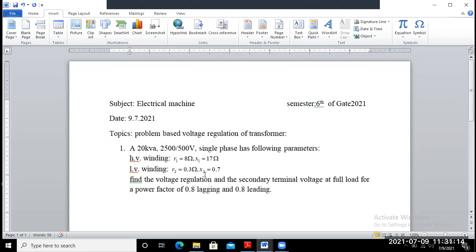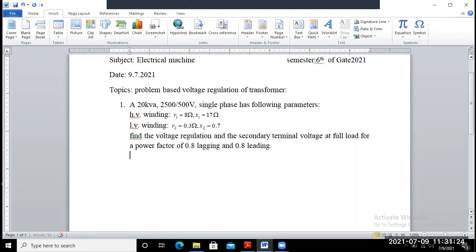Now, if you consider the lagging power factor, then you refer the equivalent circuit towards the LV side or secondary side. So first of all, transfer the equivalent circuit towards the LV side. Then calculate the equivalent resistance and reactance values. So let's solve this problem.